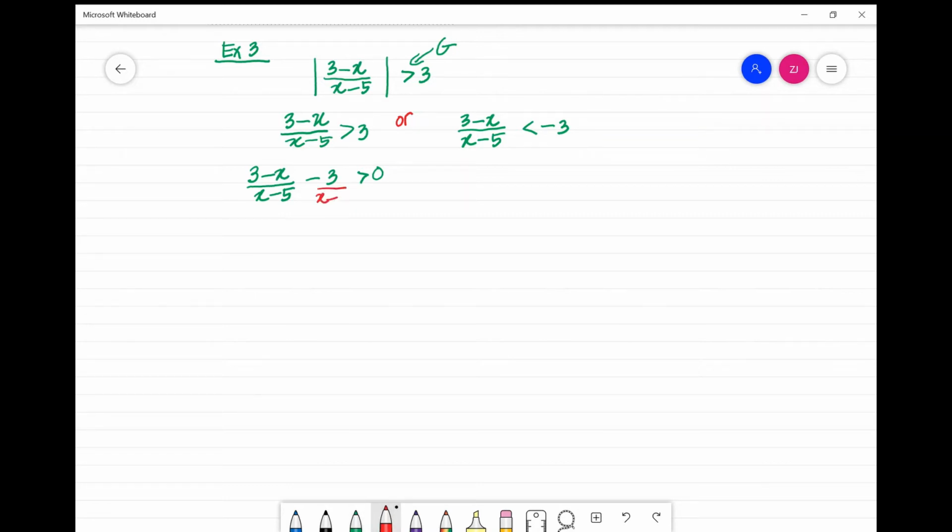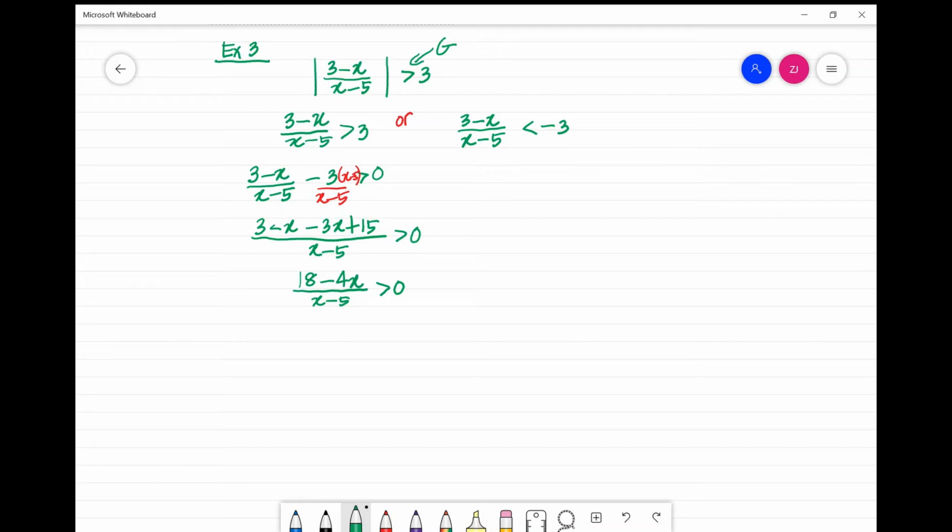We put 3 times x minus 5, and x minus 5 here, and then we expand the bracket, so we have 3 minus x minus 3x plus 15 divided by x minus 5. Then we simplify the numerator, so we get 18 minus 4x divided by x minus 5 greater than 0.